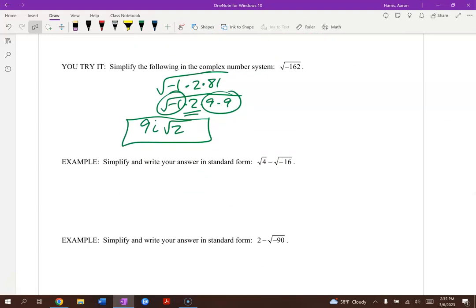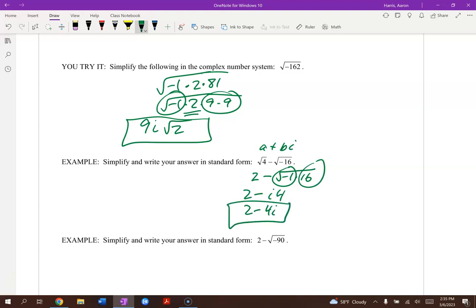Now this one's given in an a plus bi form, right? So go ahead and simplify the bi part and the a part, actually. Square root of 4 is 2 minus, now I'm thinking about this, square root of 16. So i comes out, square root of 16 is 4, so 2 minus 4i on that one.